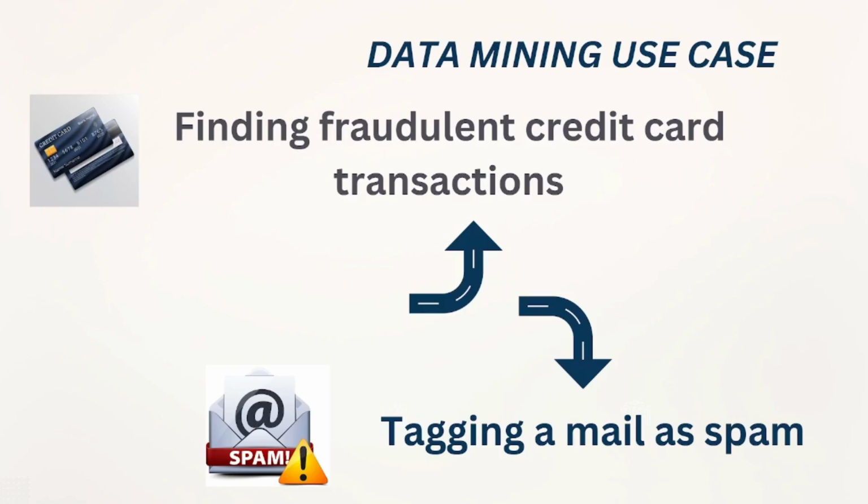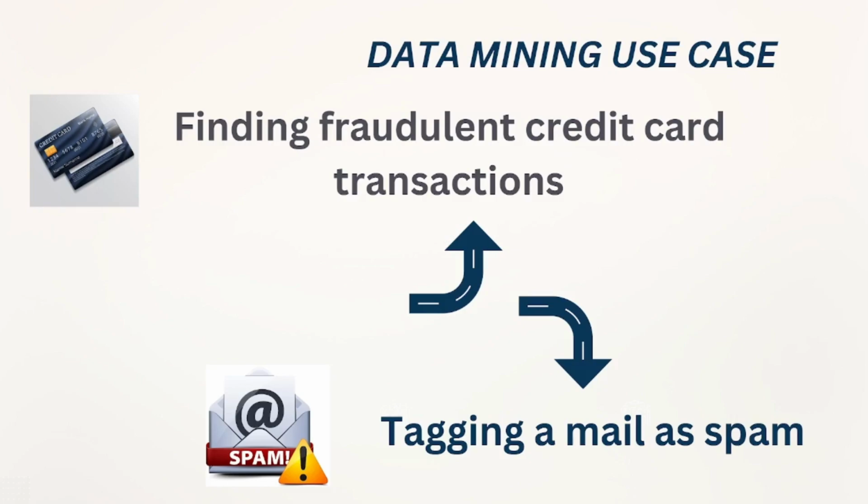Data mining helps identify unusual patterns like sudden high value purchases in another country or multiple transactions in a short time that may indicate fraud. So, as we mentioned before, usually you shop in your city and suddenly a transaction appears from another country. The bank flags it as suspicious and sends you a verification message.